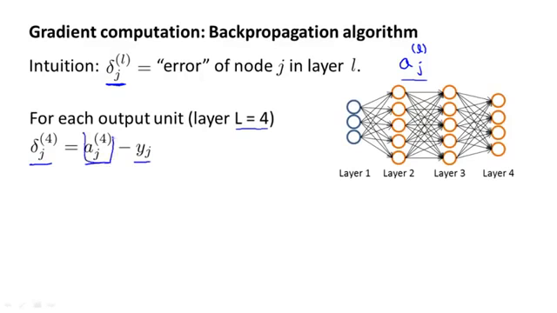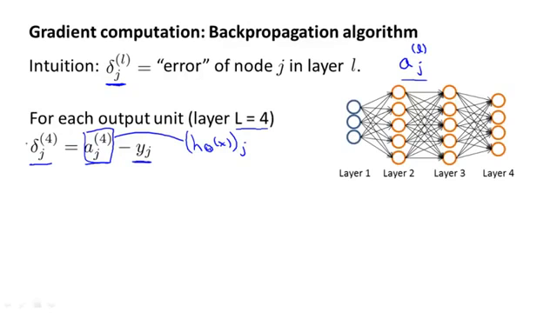This term can also be written h of x subscript j, right? So this delta term is just the difference between what our hypothesis outputs and what was the value of y in our training set, where y subscript j is the jth element of the vector value y in our labeled training set.